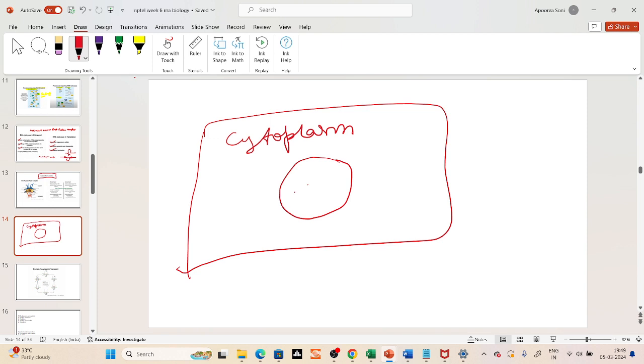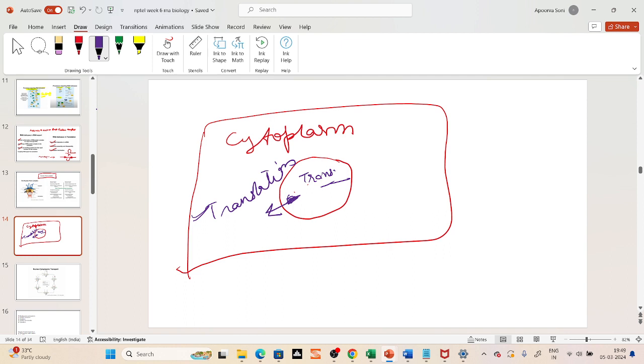After the synthesis and maturation, this RNA has to go out into the cytoplasm, and here only translation will take place. Transcription takes place here and translation takes place in the cytoplasm. Now the question comes: how can this RNA be exported out from the nucleus to the cytoplasm?